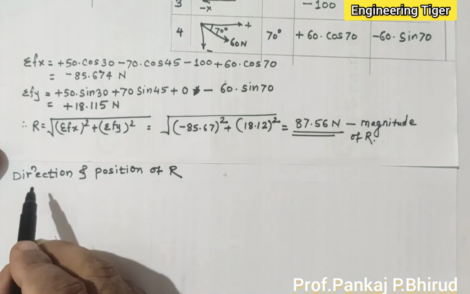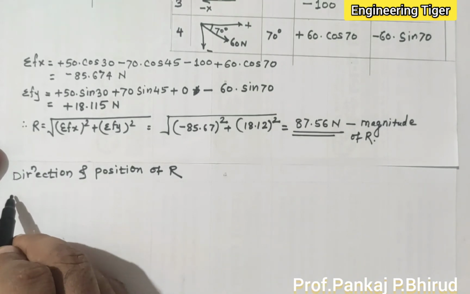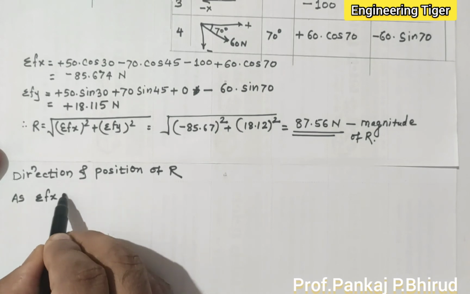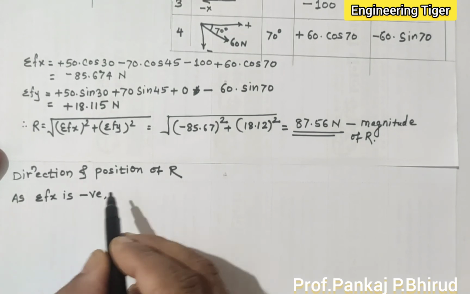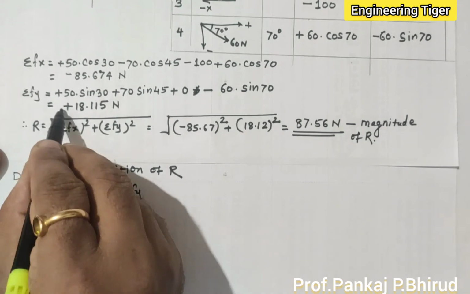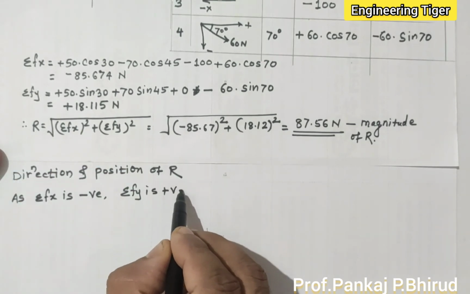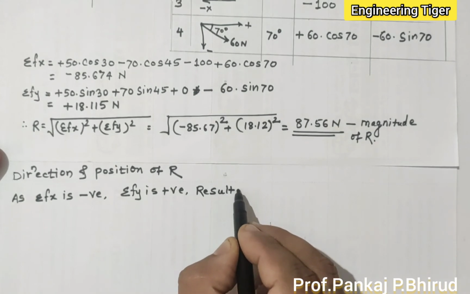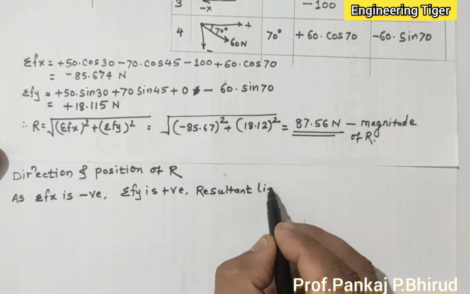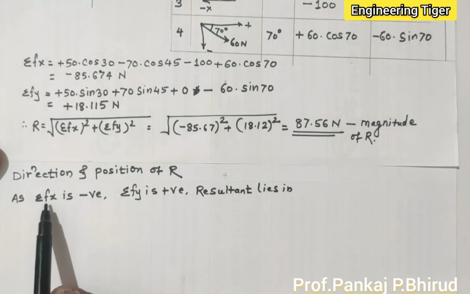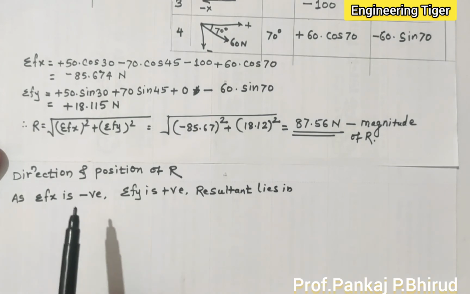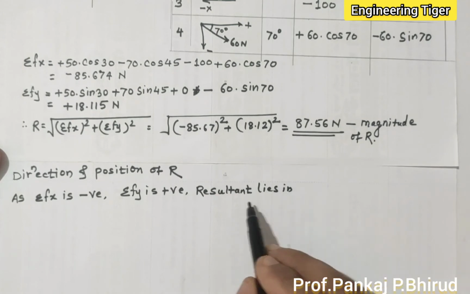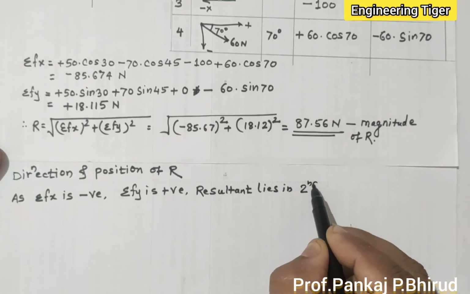As sigma Fx is negative and sigma Fy is positive, in which quadrant does the resultant lie? X is negative and y is positive, that means it is in the second quadrant. The resultant lies in the second quadrant.